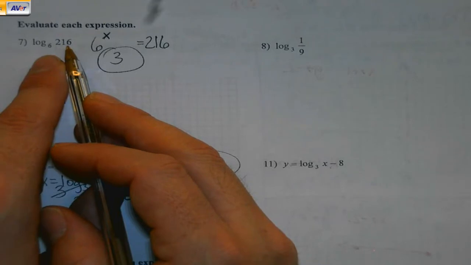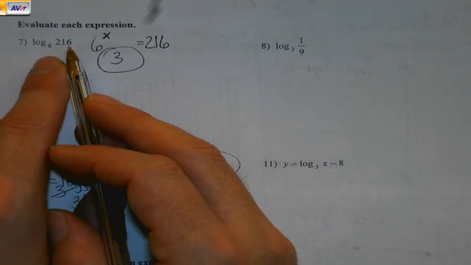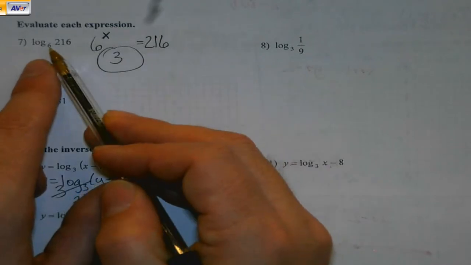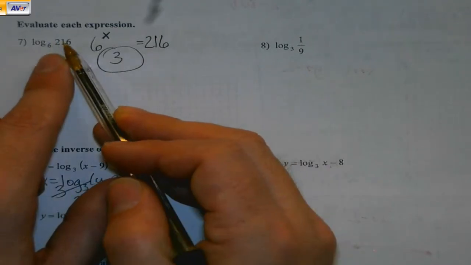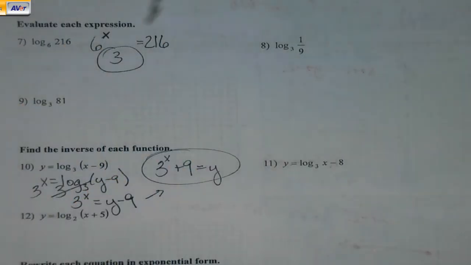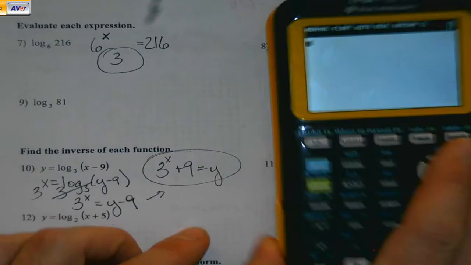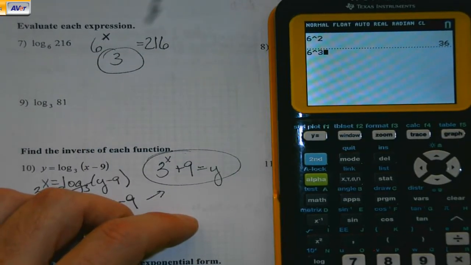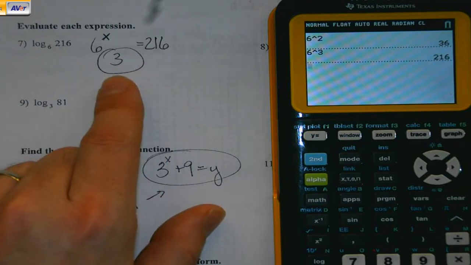Now I didn't do change of base on this because I wanted two ways for you to be able to see it. One thing I can do is say, hey, my base to what power equals my of value. And if I can figure that out, either with a calculator or in my head, that's fine. I mean, I could sit and start 6 squared. Nope, not big enough. 6 to the third. Oh, that's it. And get the answer.